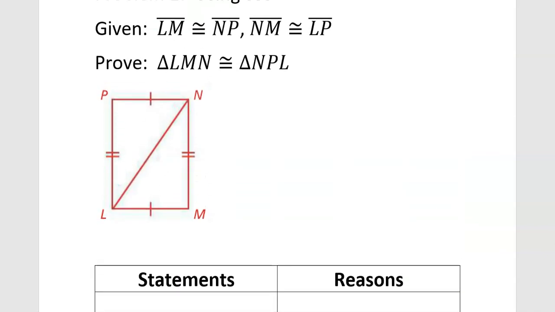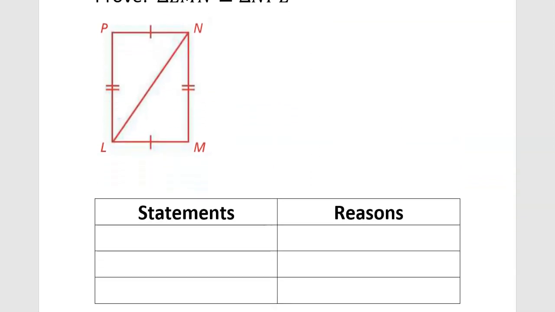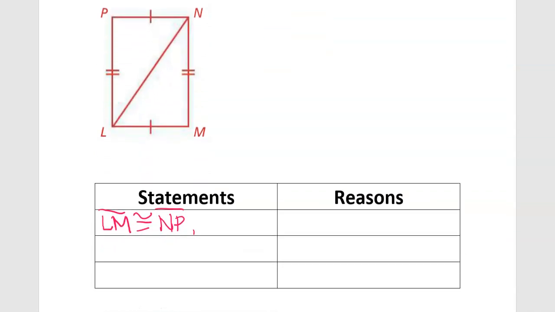All right, so first box is going to be the given, LM congruent to NP. And NM and LP.